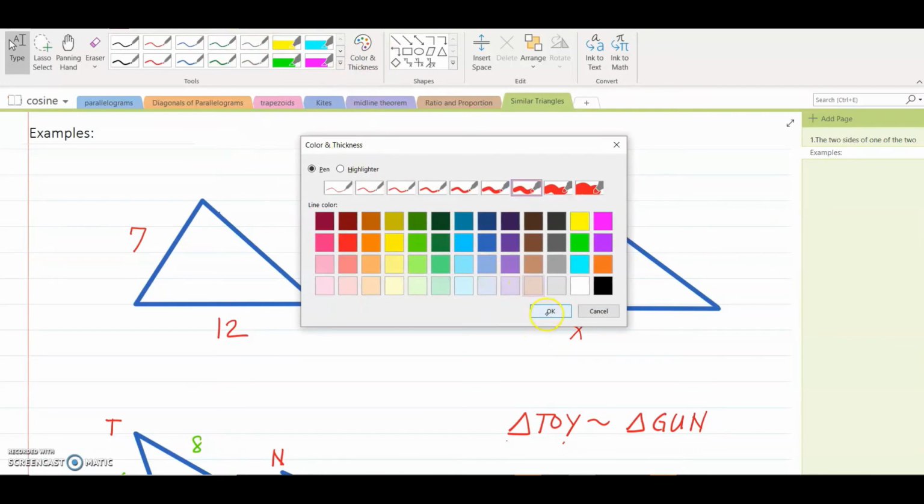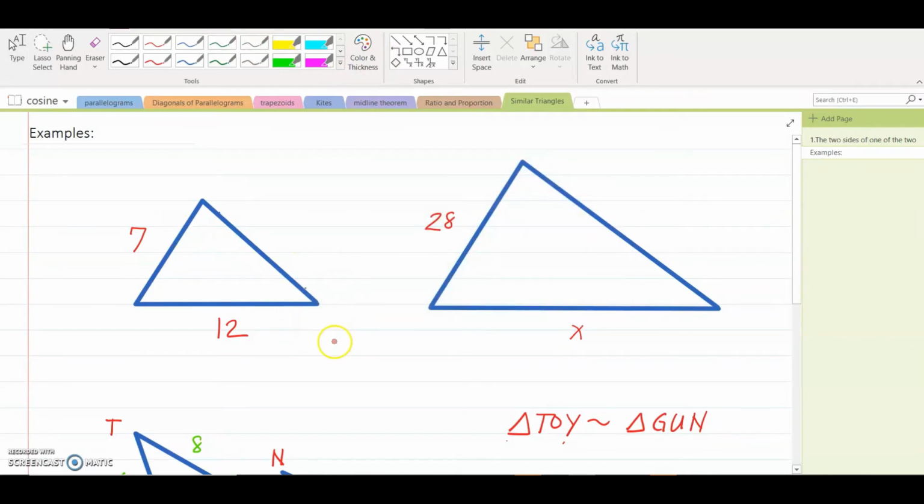Okay, let's try. So we know that 7 corresponds to 28 as 12 corresponds to x. So that will be our ratio.